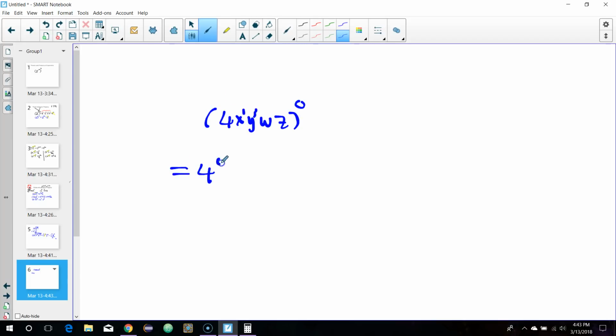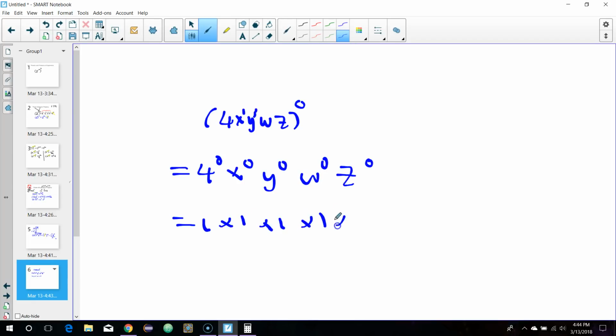So you have 4 to the power of 0, x to the power of 0, y to the power of 0, w to the power of 0, z to the power of 0. All of this, hopefully by now you know, is 1 times 1 times 1 times 1 times 1. I don't know how many ones we have. 1, 2, 3, 4, 5. So that is going to be just 1. Okay, so that kind of idea will carry over, power of 1, power of 0.